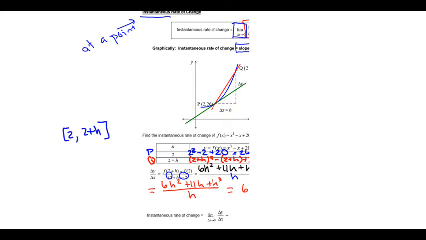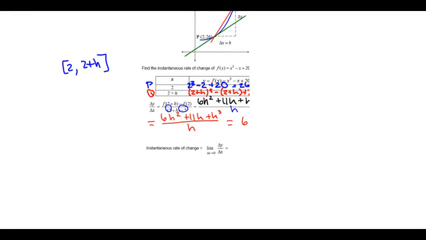So our instantaneous rate of change, we need to find the limit as delta x approaches 0. So the limit as delta x approaches 0 of delta y over delta x, if we look back at our average rate of change, while simplifying, we notice that delta x is the same thing as h.